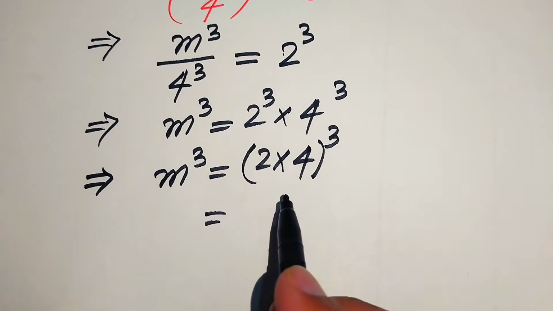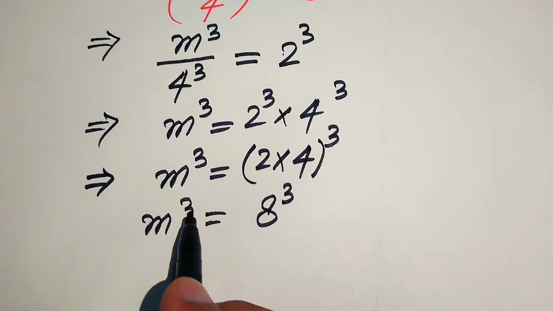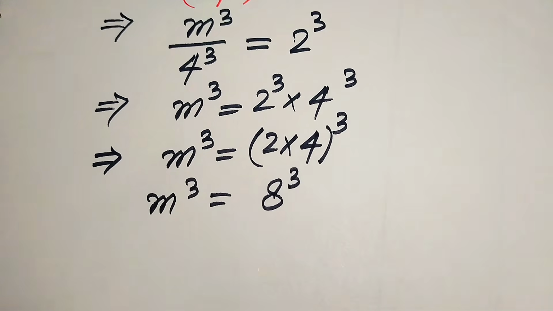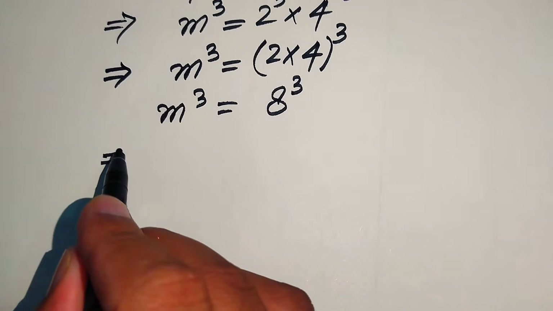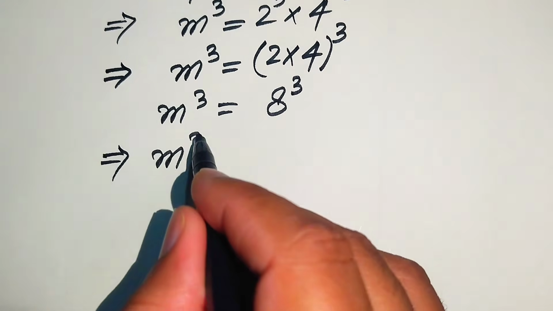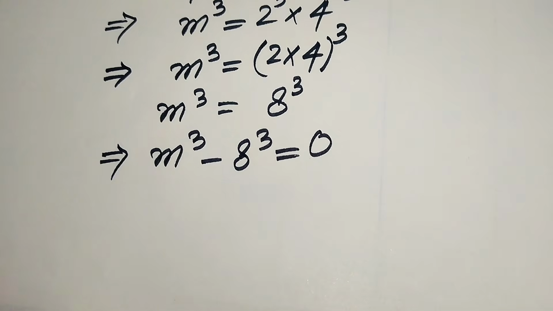Further, 2 times 4 becomes 8 cubed, and on the left hand side we have m cubed. Now we move 8 cubed from the right hand side to the left hand side, and it becomes m cubed minus 8 cubed equals 0.